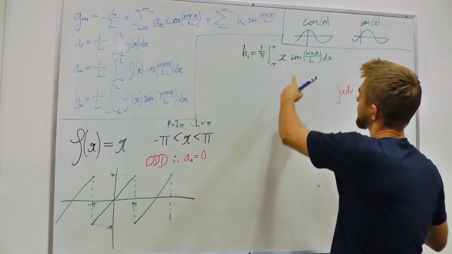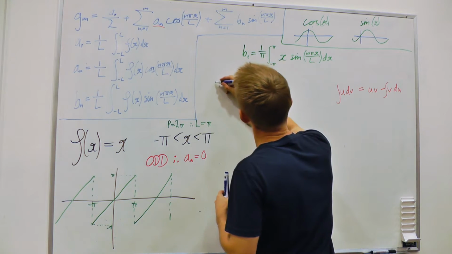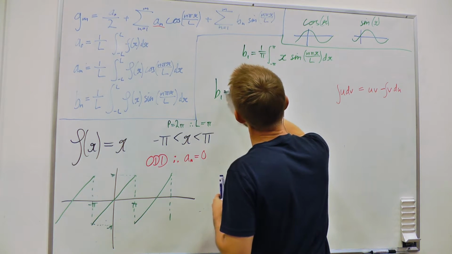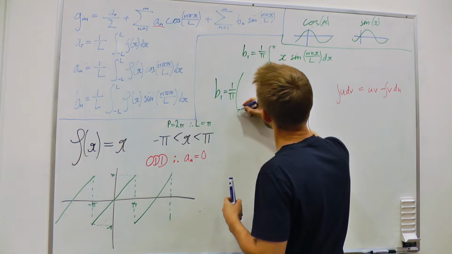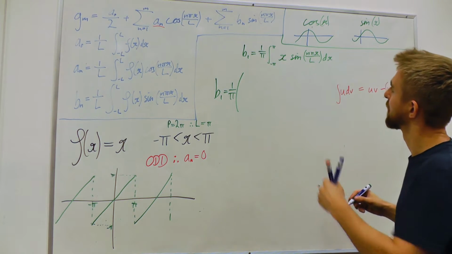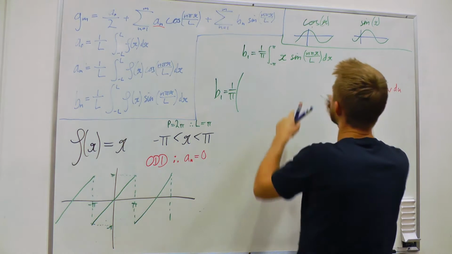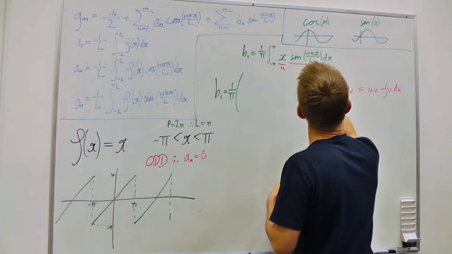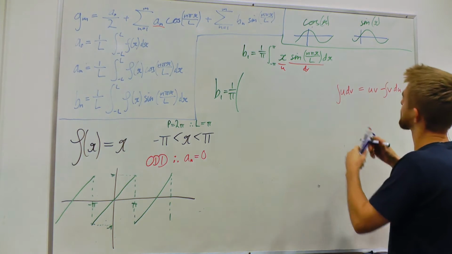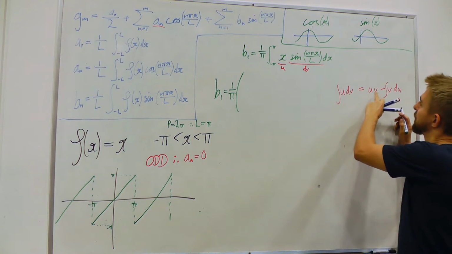So let's start. b1 equals 1 over pi, and we're going to have lots of brackets here, so be careful not to get confused. Equals the integral. If this thing is our u, and this thing is our dv, we want u times v.